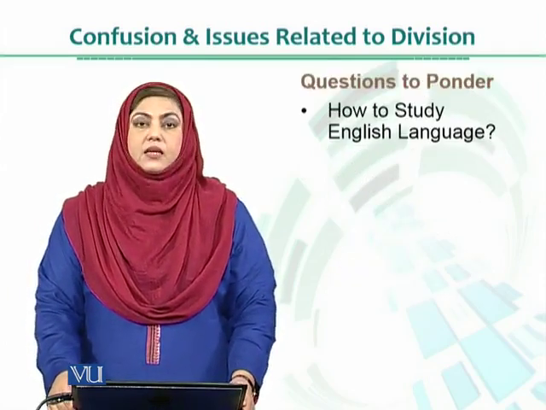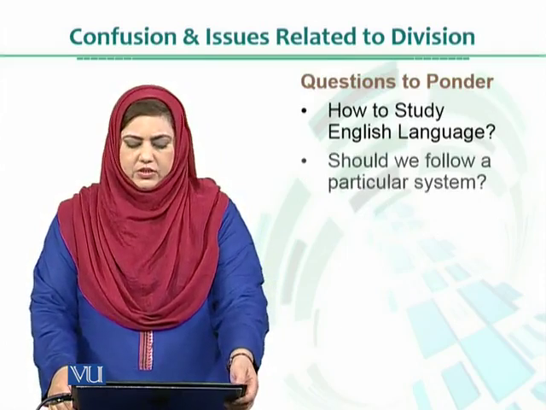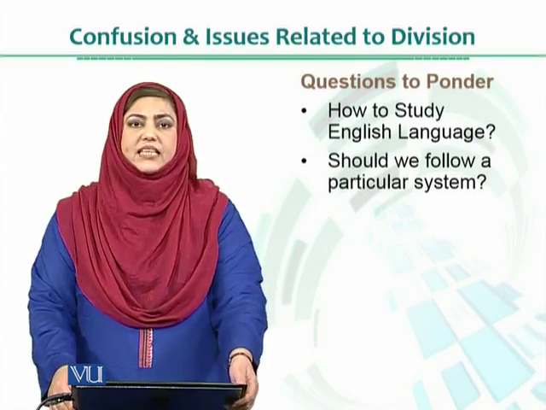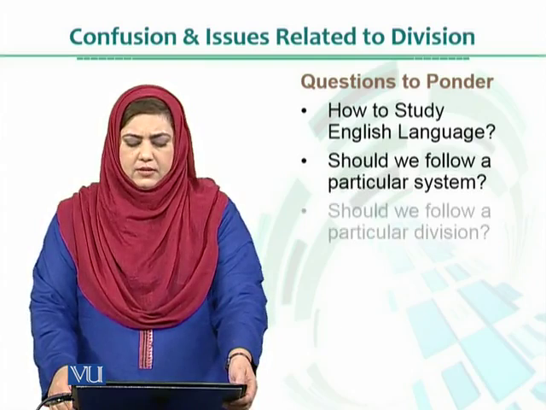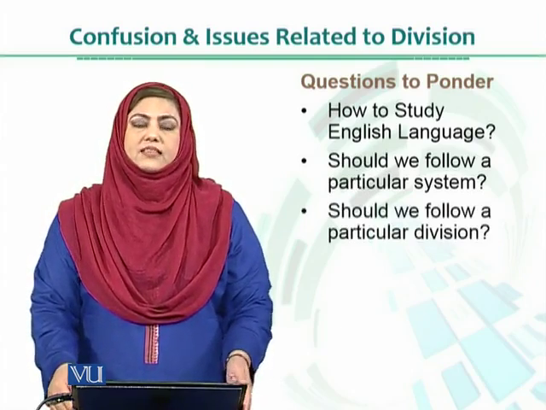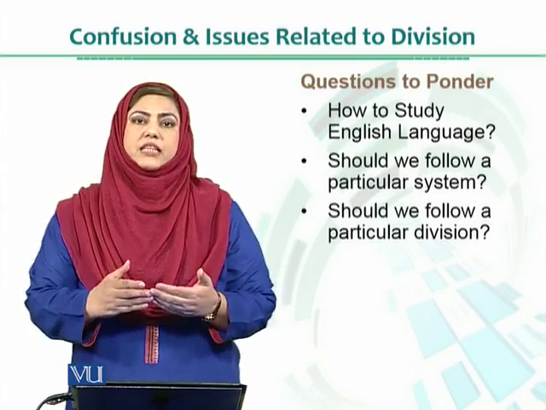Thus, the question that we need to ponder over is how to study the English language. Should we follow a particular system? Different linguists have given different systems. Should we follow a particular division? As students of the history of the English language, should there be a particular division that we should follow?